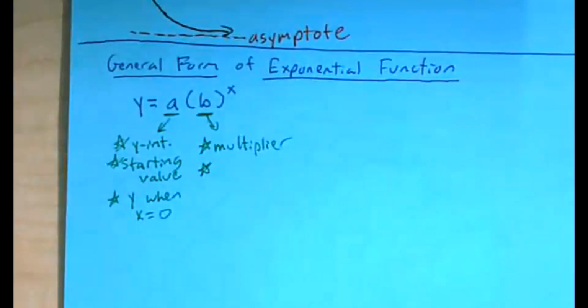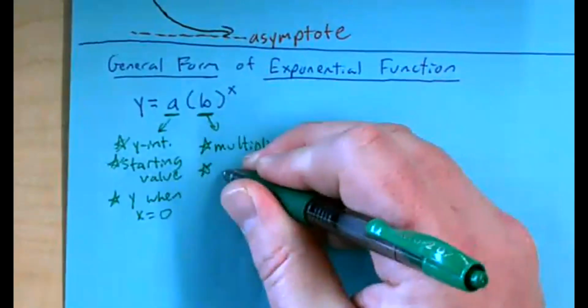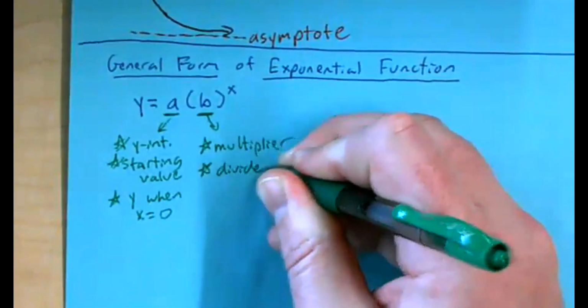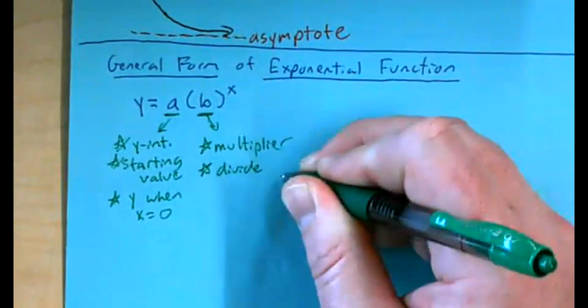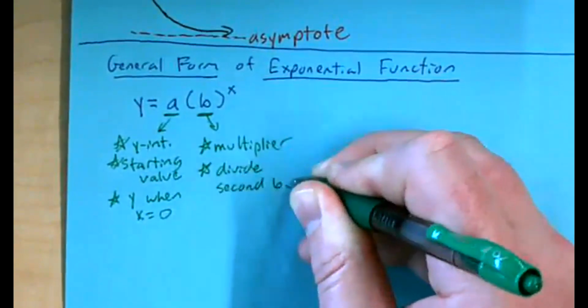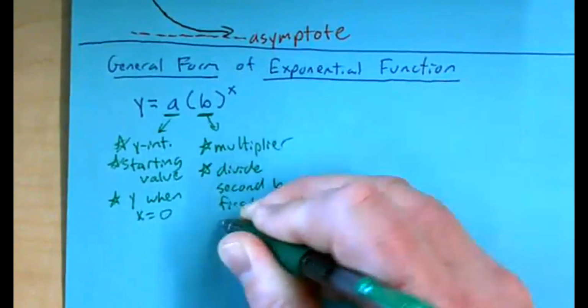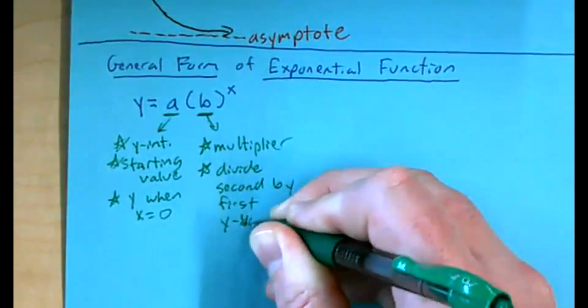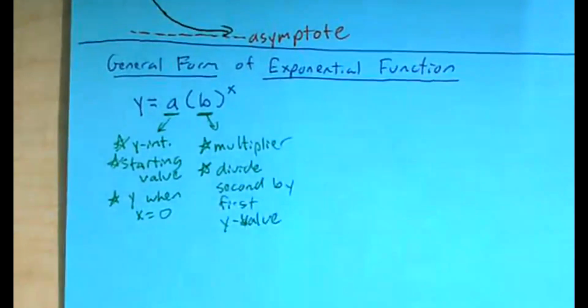We do the second one divided by the first. So I'm going to write divide second by first Y value. I don't know if that's the best way to put that into words, but that would work for me. Again, remember, these are your notes, so you don't have to copy exactly what I'm writing down here. Copy what's going to work for you.